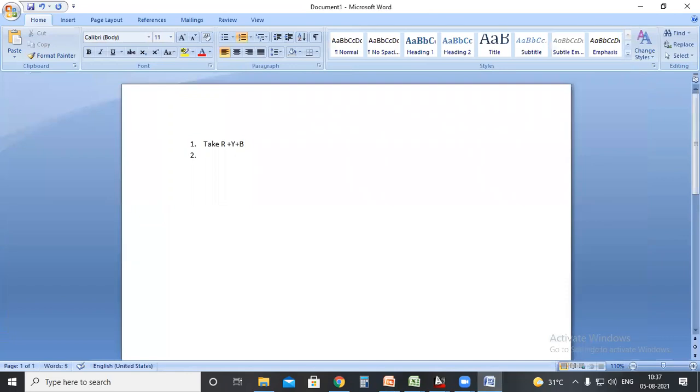So now you need to calculate the average value. Take the average value. You need to divide R plus Y plus B by 3.